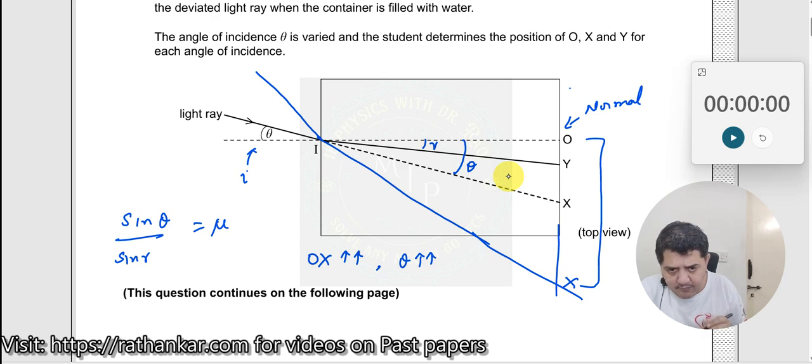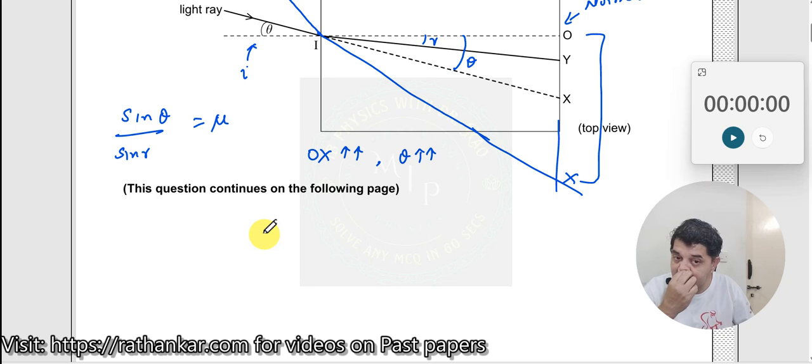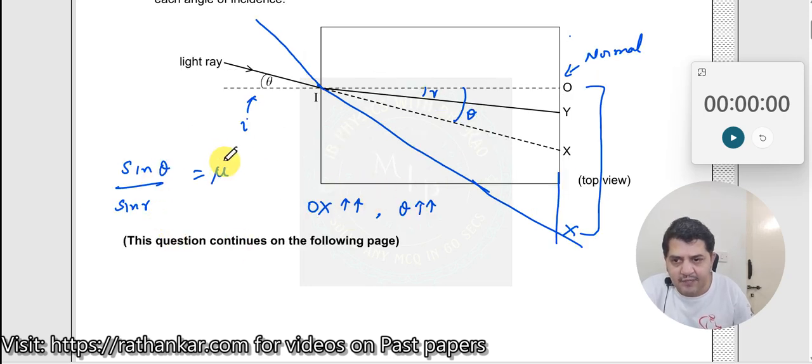Now if the value of theta is changing, then I am getting a different answer. That means for larger values of theta, I am getting incorrect values. For smaller values of theta, I am getting appreciably better values. That's what I see. So why is this dependence on theta coming here? Let us see whether we can derive this equation using the geometry.